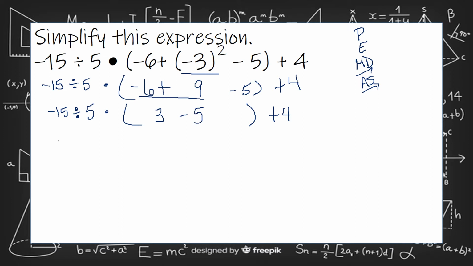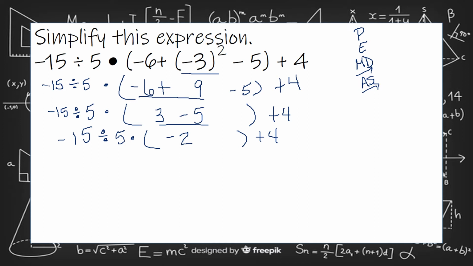I'm going to rewrite again. Okay, and 3 minus 5. You start with $3, take away 5. That means you owe $2, or negative 2.